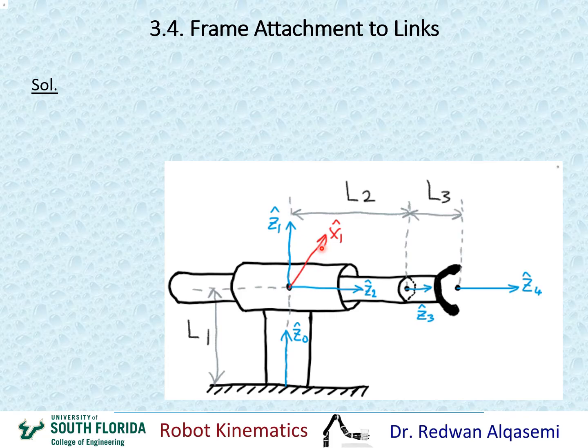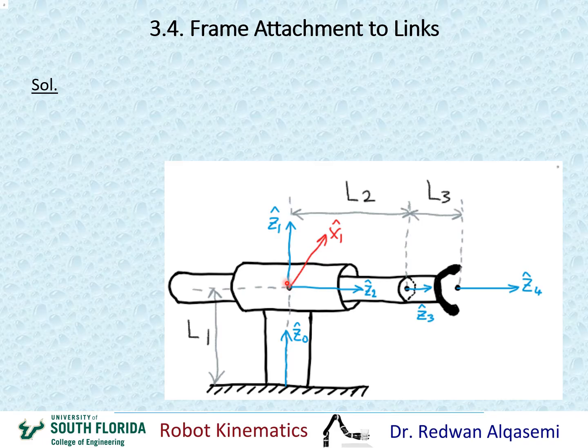I just removed the joint indicators here, just to make the chart a little cleaner for drawing the x-axis. So again, x-axis x1 is the common perpendicular between Z1 and Z2. Since both of these Z's are intersecting, x1 will be common perpendicular to both of them and can be in any direction. So you can choose this direction or the opposite direction.